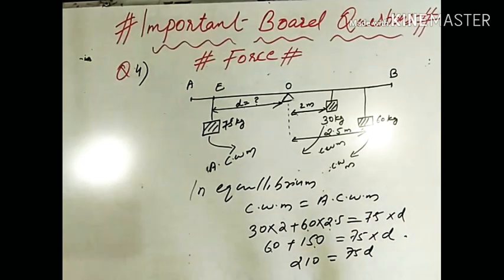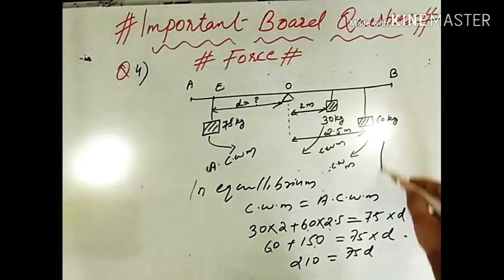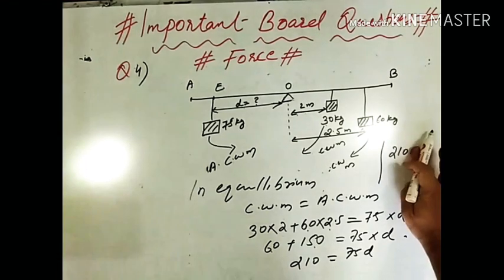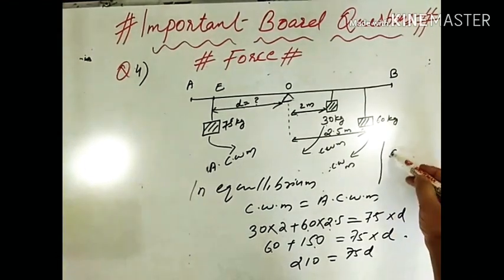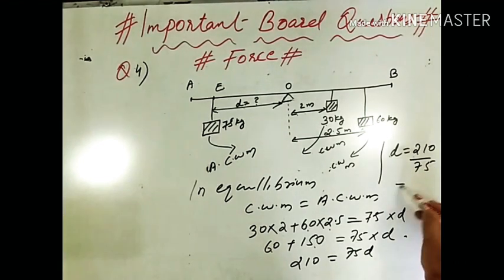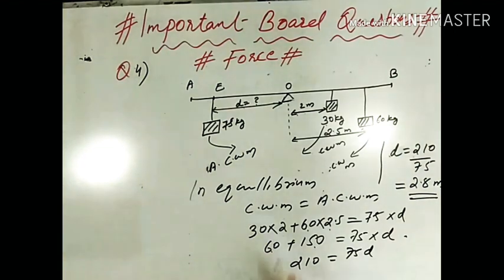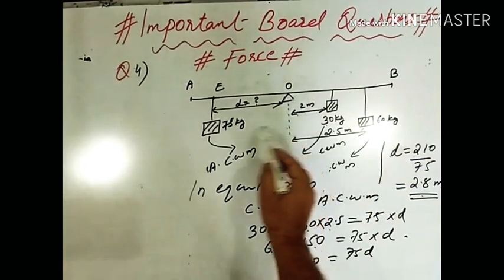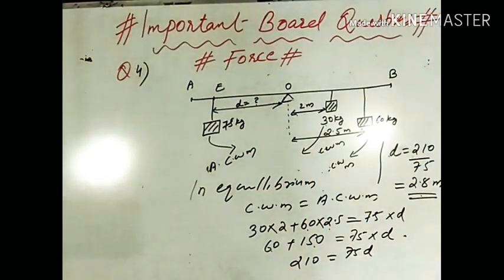Now it is solved. D is equal to 210 divided by 75. Divide and see, it comes to 2.8 meter. So the man should sit on the opposite end at a distance of 2.8 meter from the fulcrum.